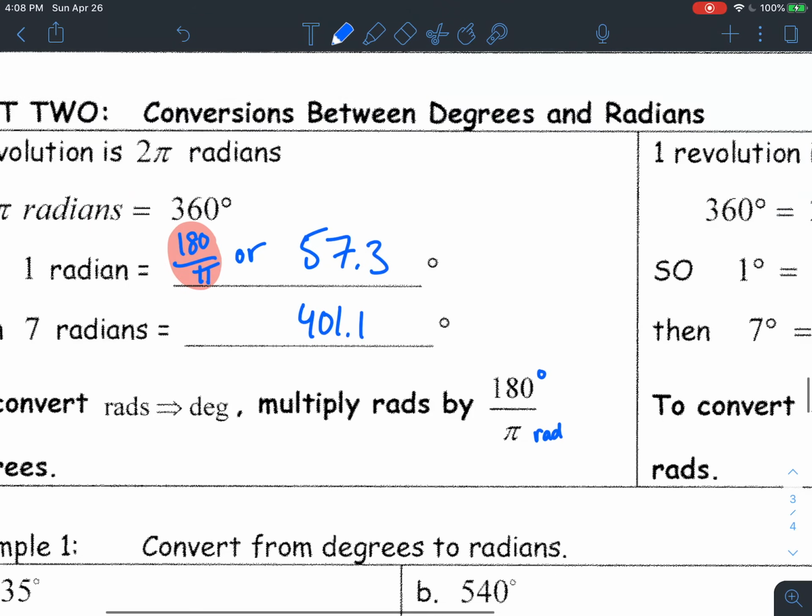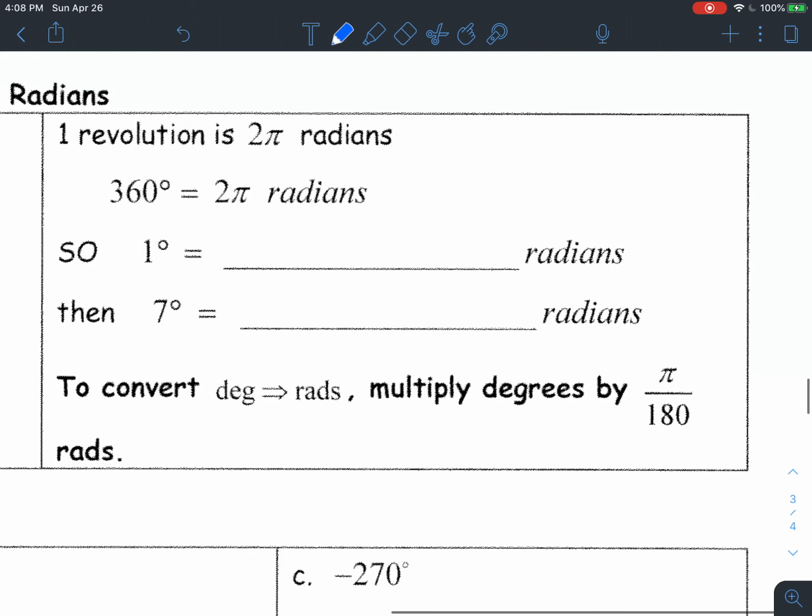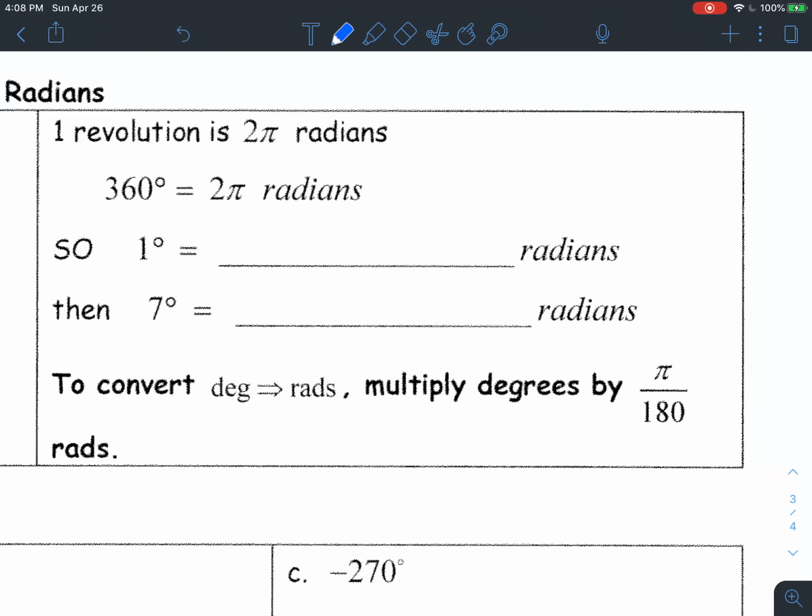So without having to repeat myself, going from degrees to radians, which you don't necessarily have as big a need to do, but again, in upper level science and upper level math, we do this a lot. Or if you were given something in degrees, you might have to convert it into radians.